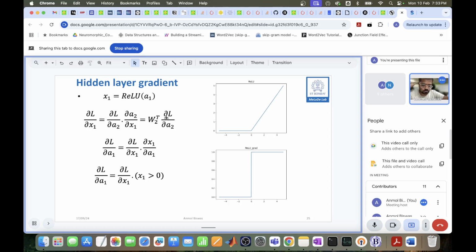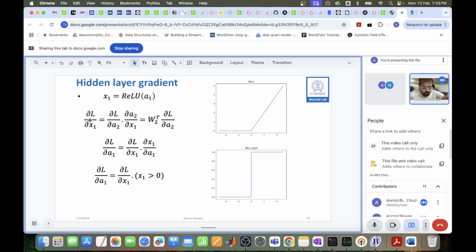So the gradient of L with respect to a2 is nothing but the vector containing the gradient of L with respect to a2i for all of the i that are relevant. It's the entire vector of the gradient, which is why I can do this matrix multiplication. If this is a vector and this is a matrix, I can multiply them and I will get another vector, which is this vector.